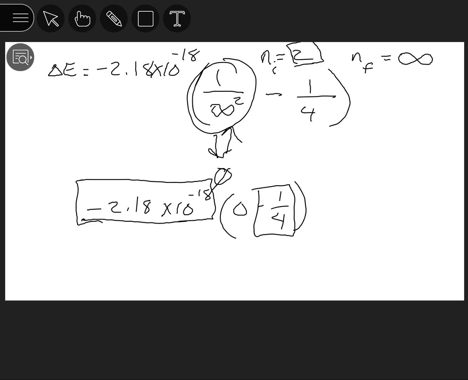Actually, it doesn't matter which version of the Rydberg equation you use. Let me show you why. One of them is 1 over lambda equals R times 1 over n1 squared minus 1 over n2 squared.